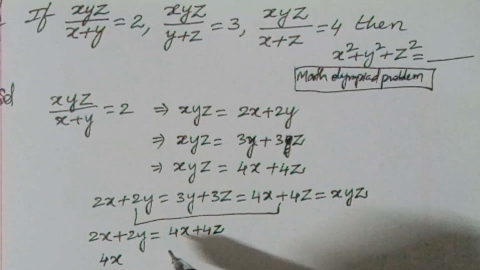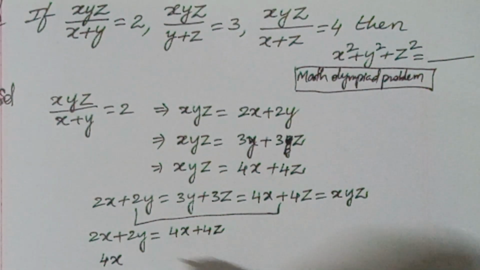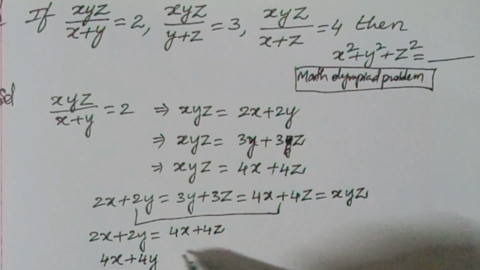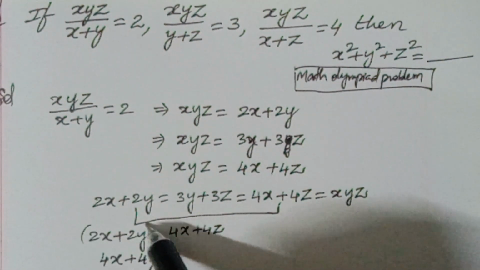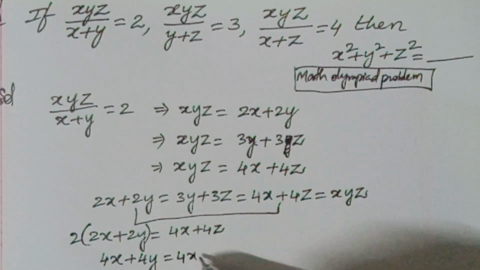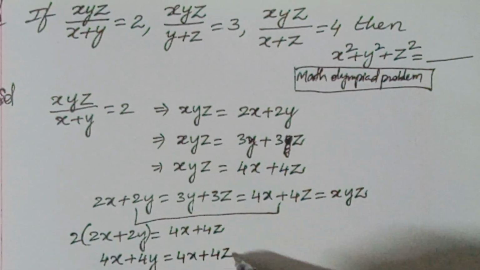Here you are multiplying the first one with 2. So here we will get 4x plus 4y is equal to 4x plus 4z.